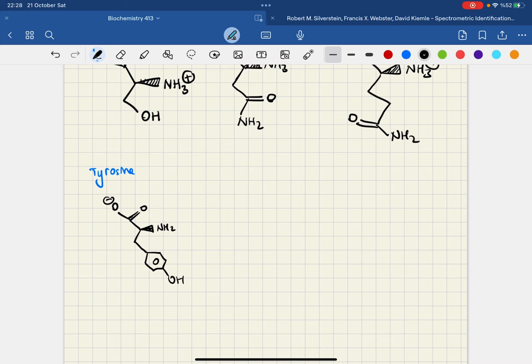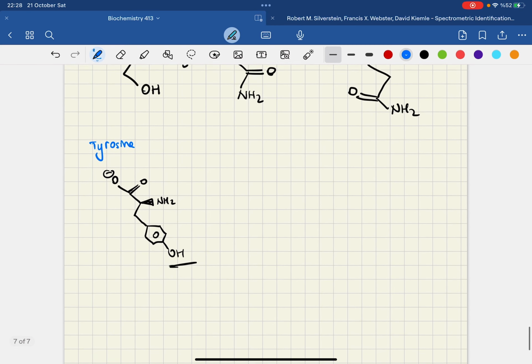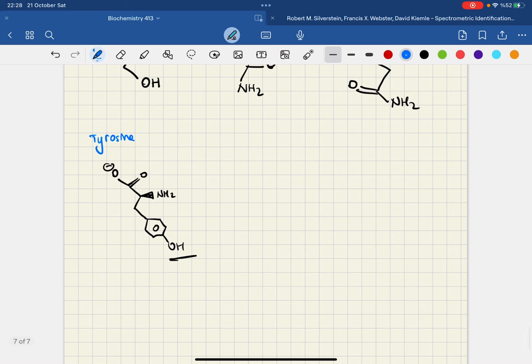So here we have the tyrosine. Tyrosine is polar. It has the OH group attached. All right, and then we will have one last, which is threonine. Threonine. All right, great. And then what is threonine?